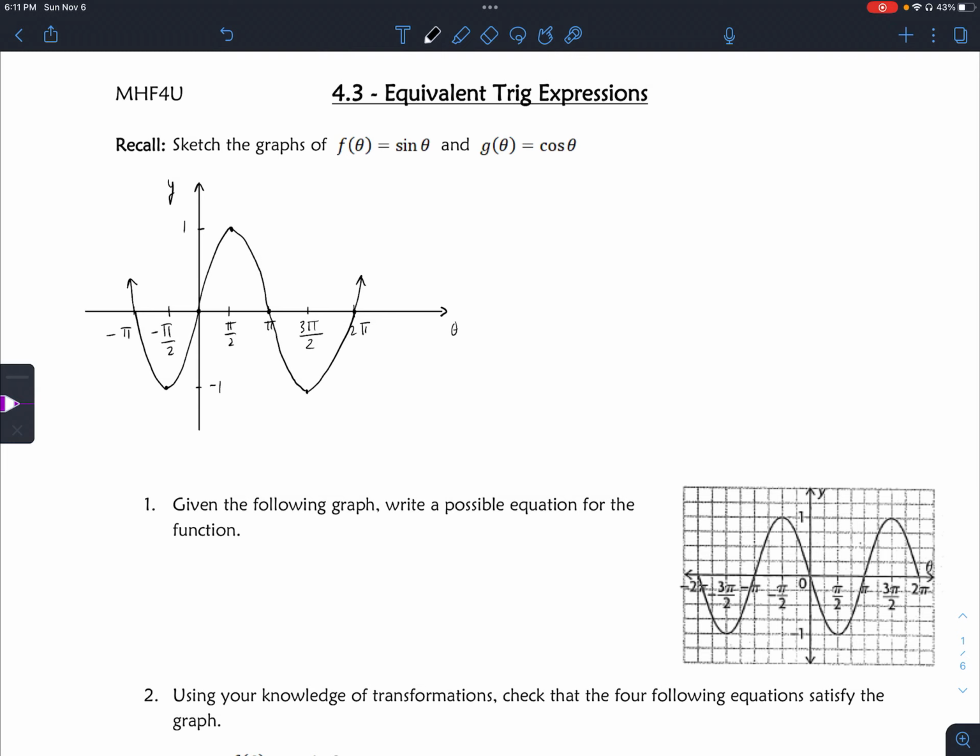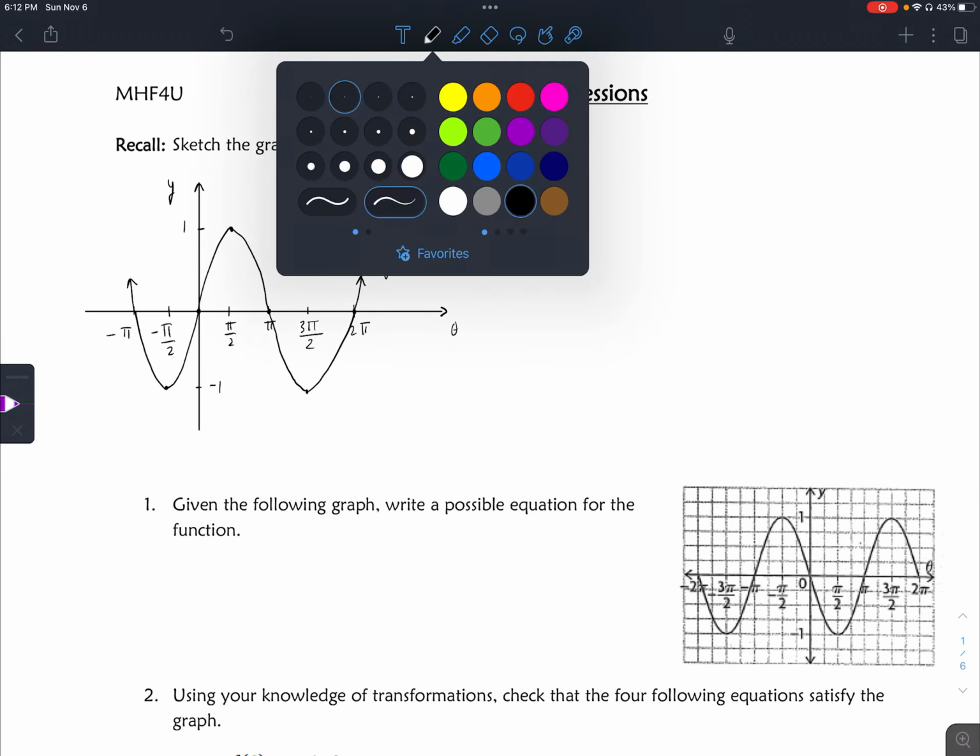So what I'm going to do is plot it on the same grid, actually, just using a different color. So this is y is equal to sine of theta. So now cosine of theta.